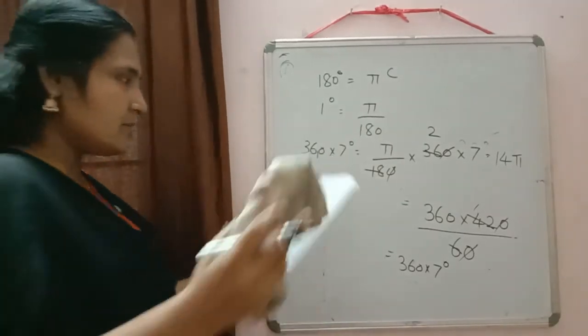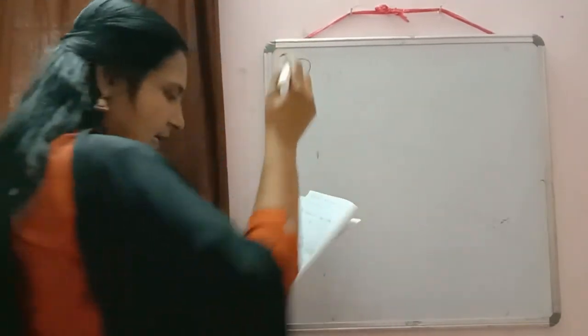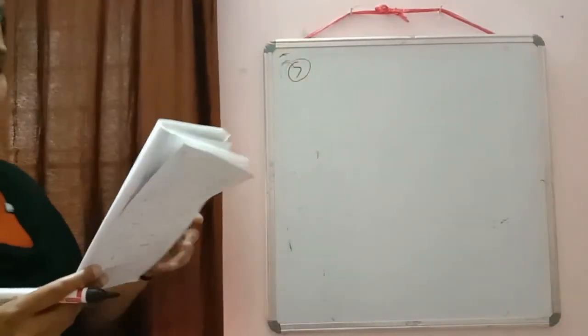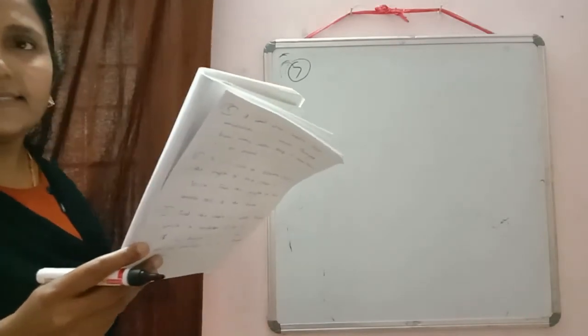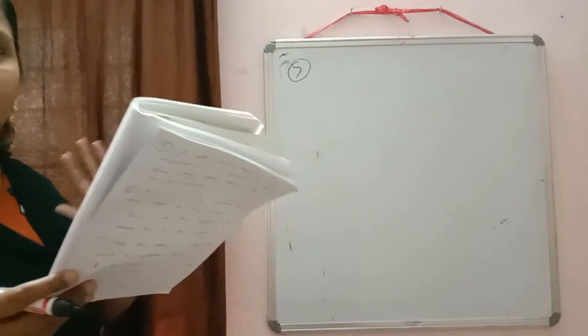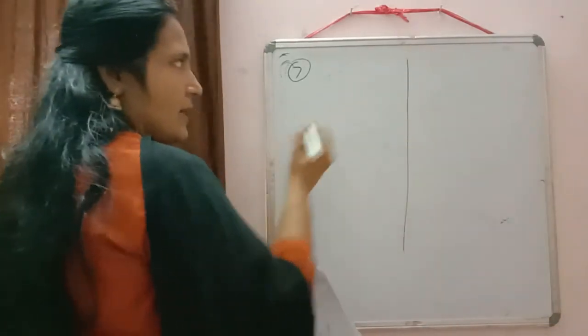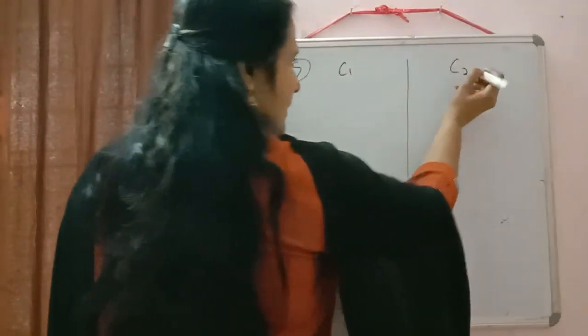Write down the question. If the arcs of same length in two circles. The length of the arc is same in two circles. So I am writing in this way, circle 1, circle 2.